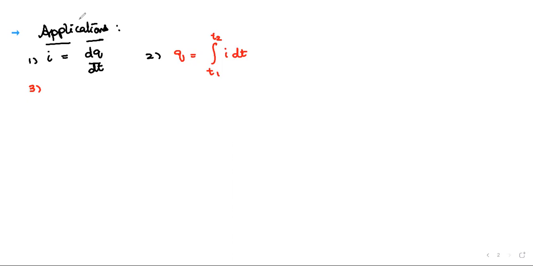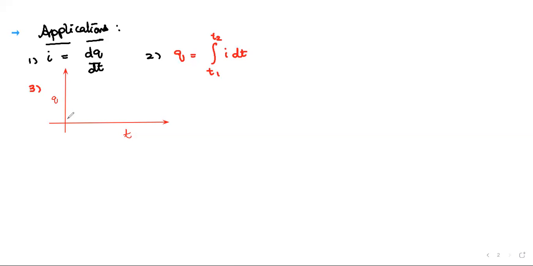That's why the third model, the graphical model: a graph of Q and t, Q on the y-axis, t on the x-axis, dy by dx. If I take a straight line or a curve, there is no guarantee that charge changes with time linearly.